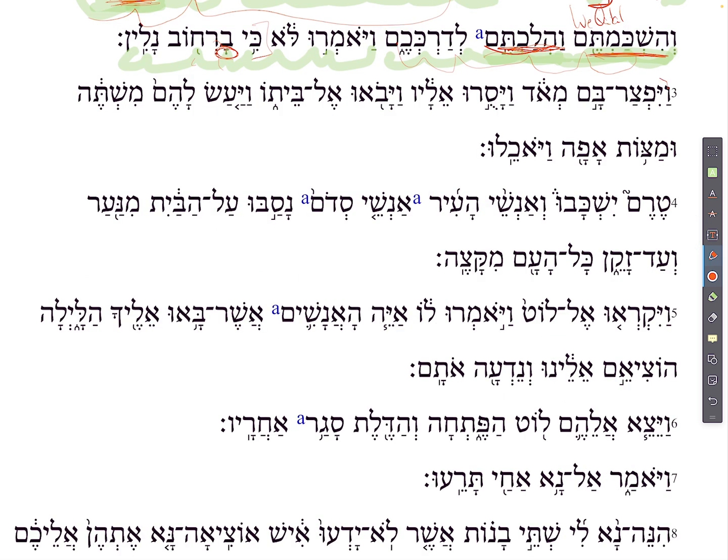Verse 3. And he urged them very much, and they turned to him, and they entered his house, and he made for them a drinking feast, and matzot, unleavened breads, he baked, and they ate.